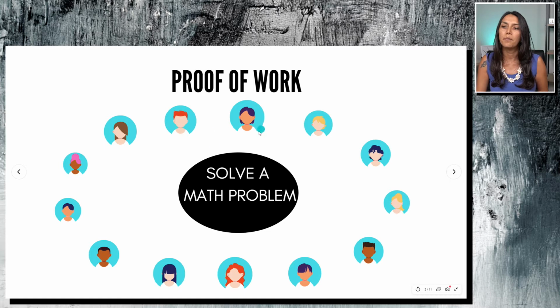Each of them, the miners, has super powerful computers with high technology, so fast and smart that they will solve the problem. The first one to solve the problem will get the chance to create the new block in the chain.